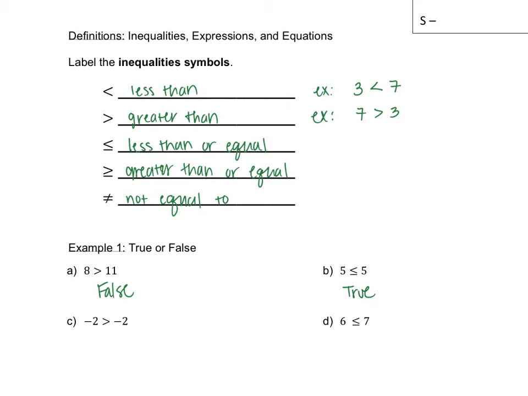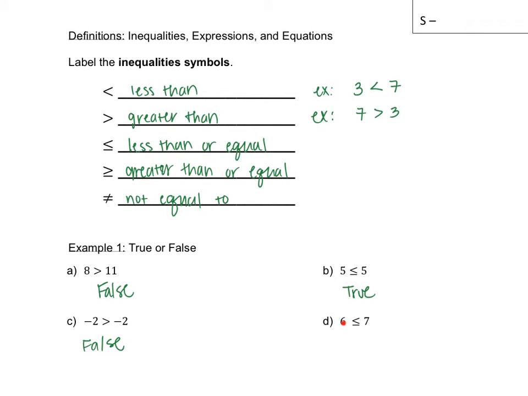If there's a line underneath and the numbers happen to be the same, you can say that's true. Now this one, -2 and -2 are equal to each other, but notice how this inequality does not have a line underneath. So this is false. If it did have that line underneath like that one, then we could say that statement would be true, but that's not the case.